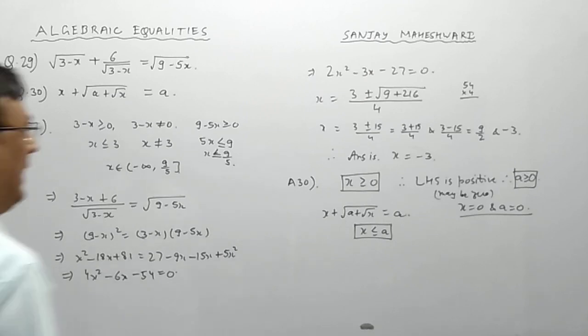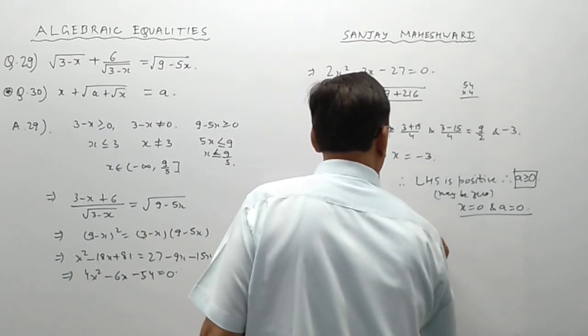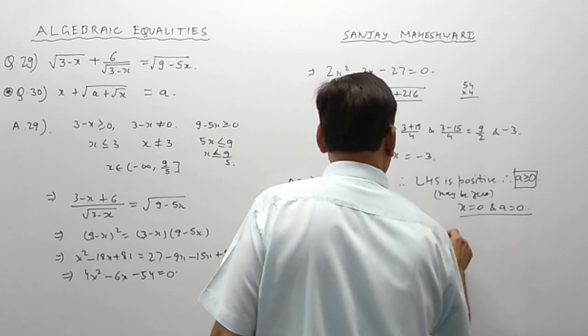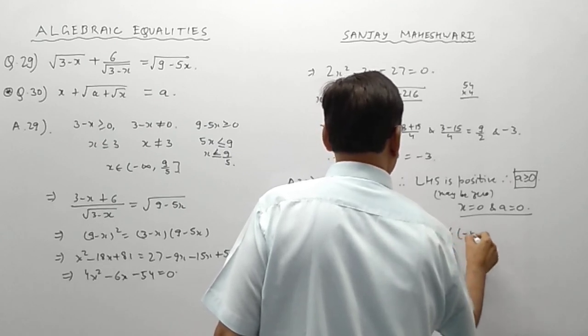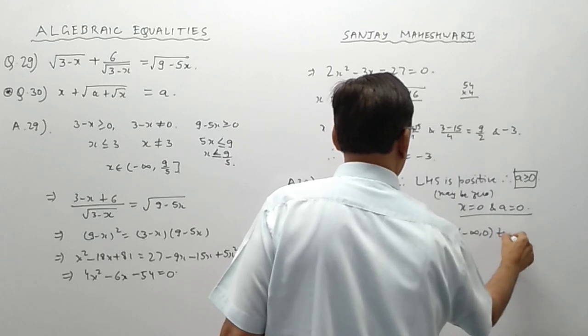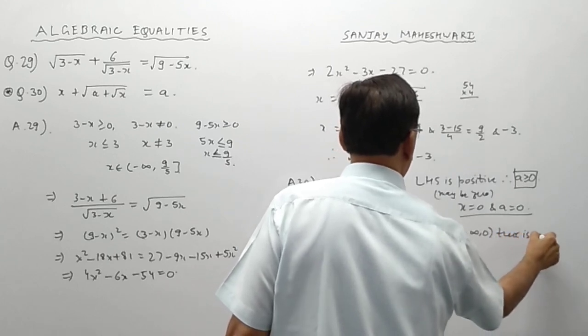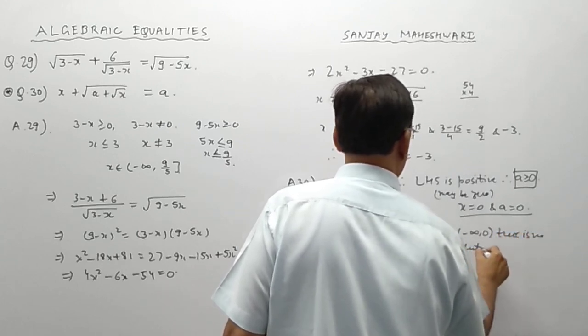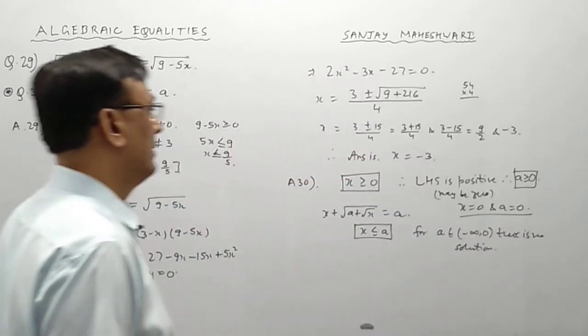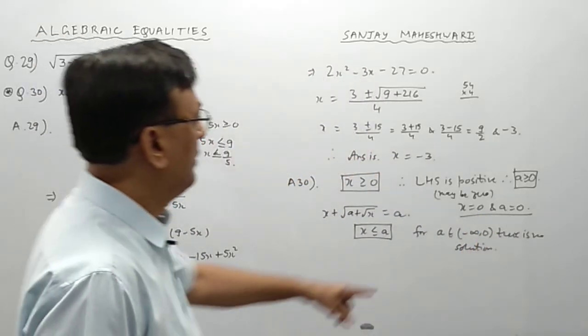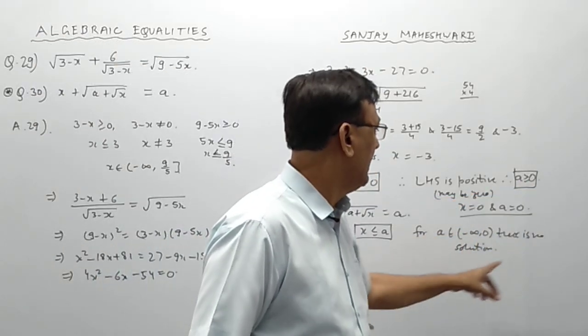So we can see here that for a belonging to minus infinity to 0, there is no solution, because a should be greater than or equal to 0.